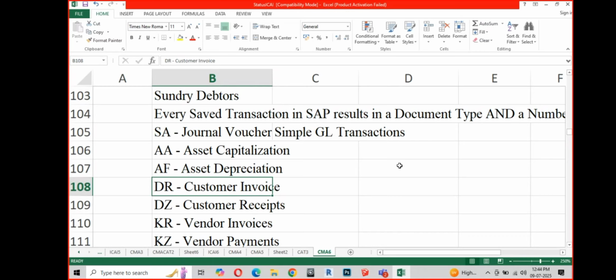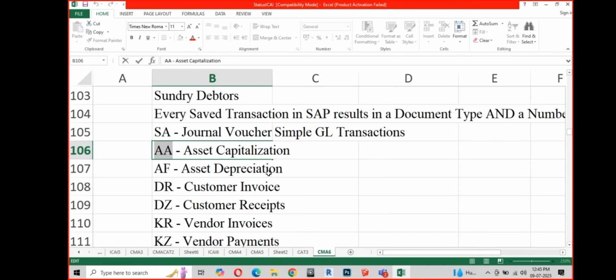Now, why the concept of document types? As a manager, I would ask my clerk to give me the balance of some fixed asset. So he can extract only the AA type of documents in his report, because as an organization, it can have all these transactions.